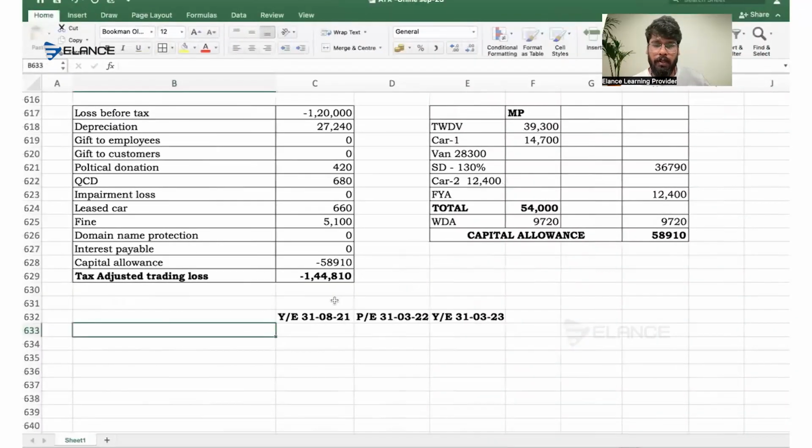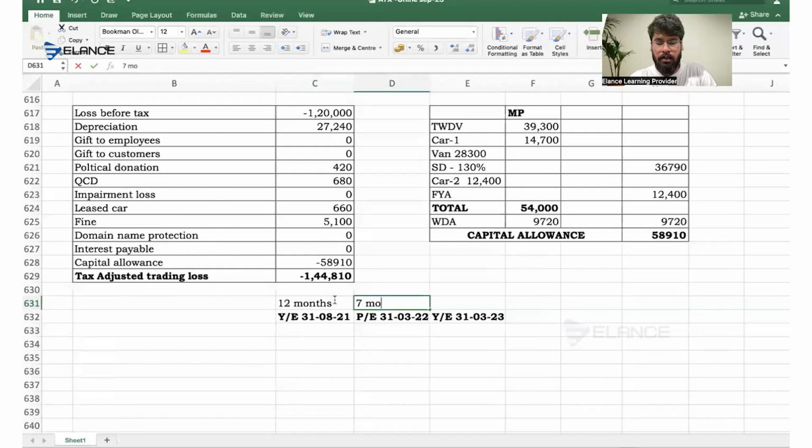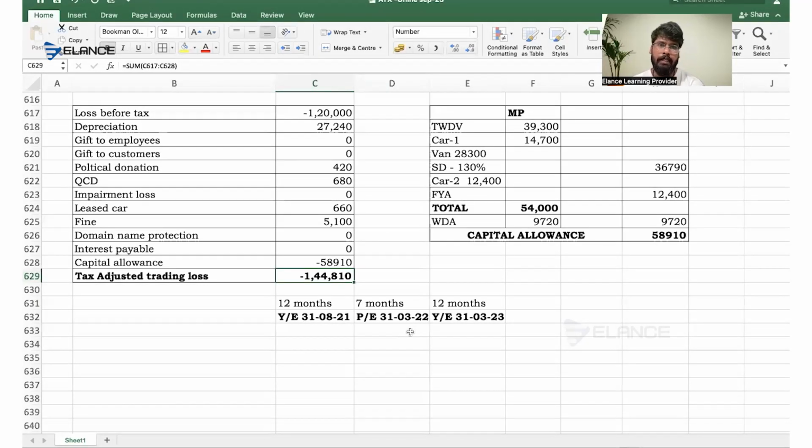So the durations are 7 months and again 12 months. The last 12 months' tax adjusted trading loss we already found out, that was 144,810.